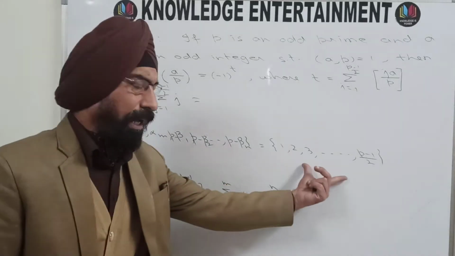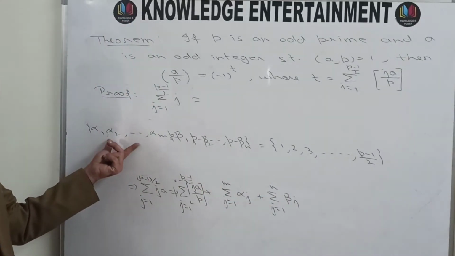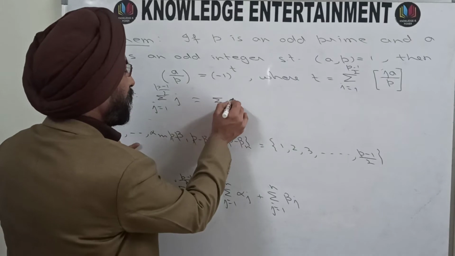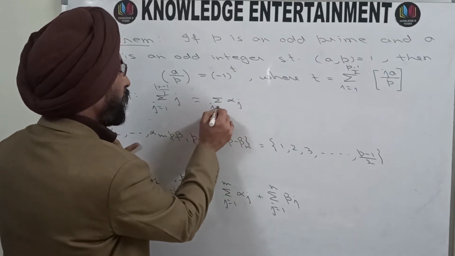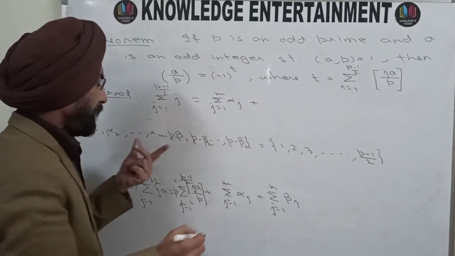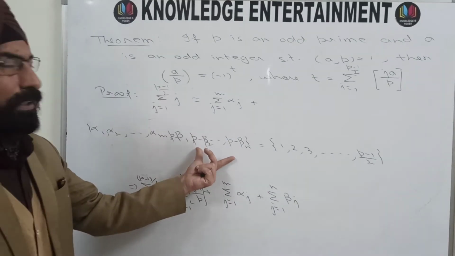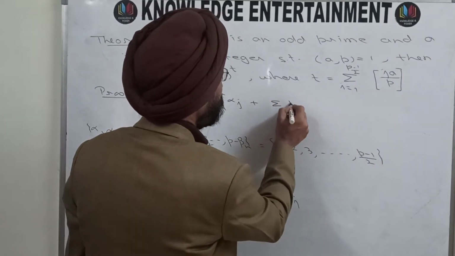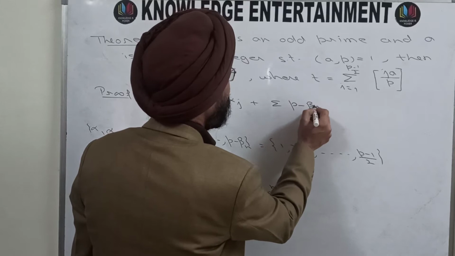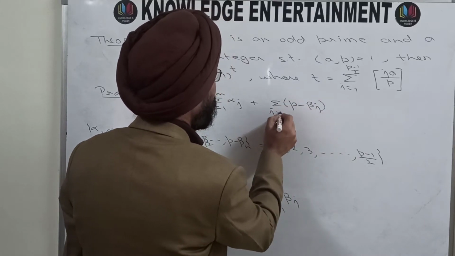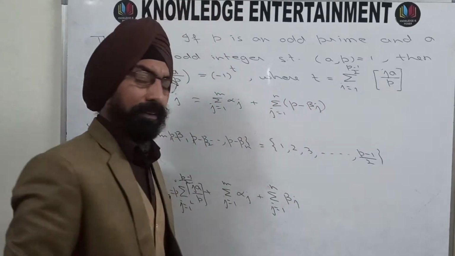So this sum is equal to the sum of all those alpha i's, that means sigma alpha j, j varying from 1 to m, plus the summation of all these p minus beta j's, that means sigma (p minus beta j), where j varies from 1 to n.